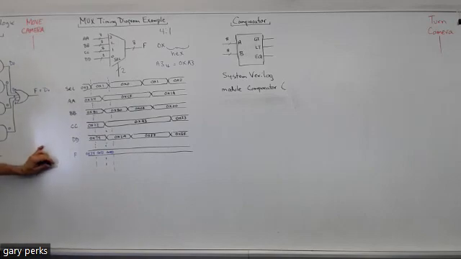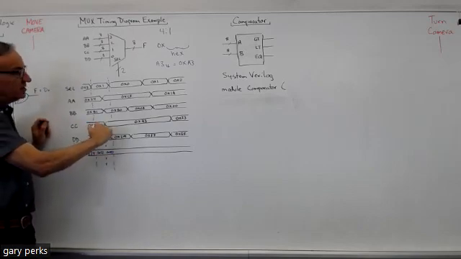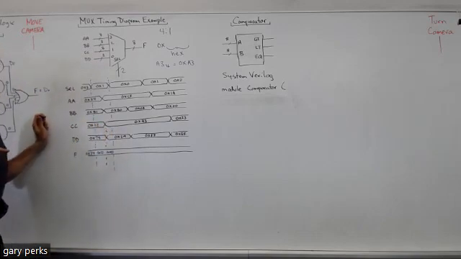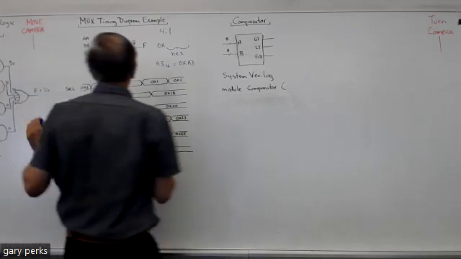Everybody see that? It changes at the output because the data on CC, which is being selected, also changes at that time. Everybody agree? Do you want to do one more?